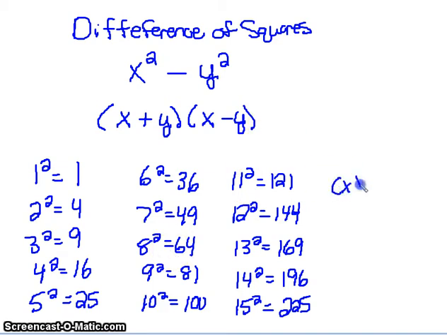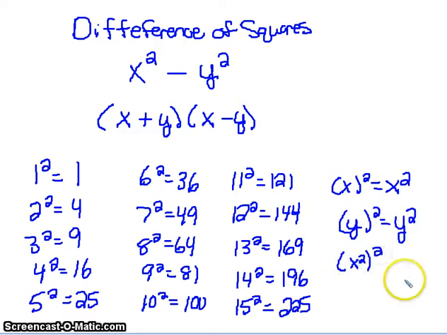If you see x squared, you get x squared. If you see y and it's raised to the second power, you get y squared. What if you see x squared squared?